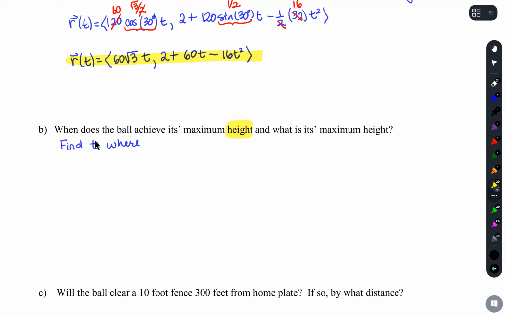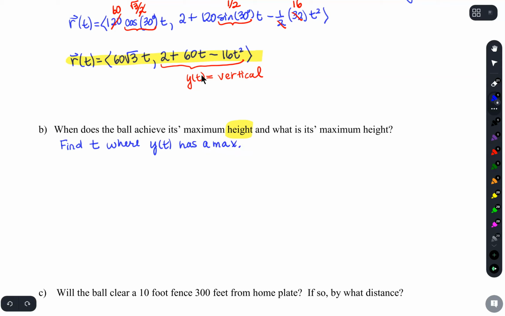So we'll be looking at the part of our vector valued function that accounts for the vertical position of the baseball. So this function, this y of t, describes the vertical position of the baseball. So we want to find t where y of t has a maximum, because we want a maximum height.